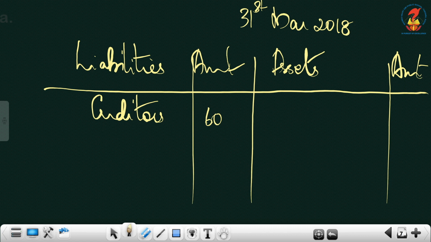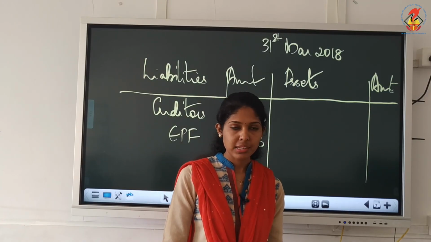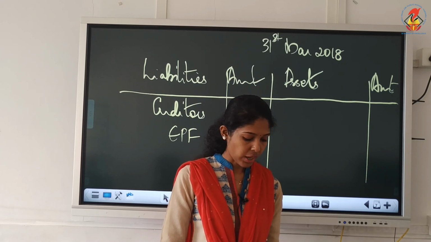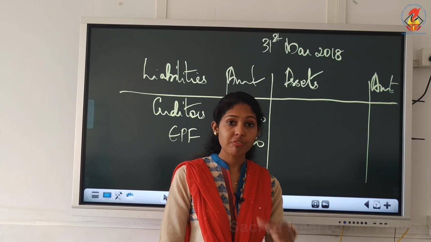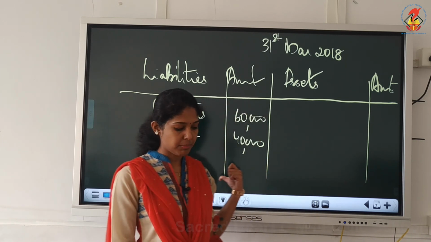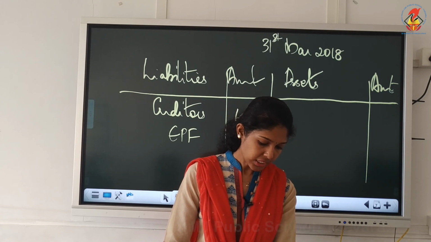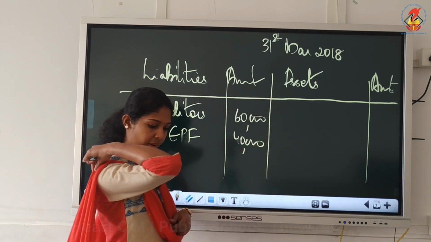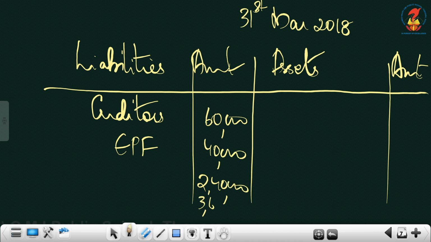Creditors 60, EPF 40. Then we have P&L account, which we distributed already. Capital account balances are there, but now when you write, don't write for Sushma because we paid her immediately. If it was transferred to loan, that must come here as Sushma's loan. Now we will write for Gautam and Kanika. The balance carry down figures we will write as new capitals 2,40,000 and 3,60,000.